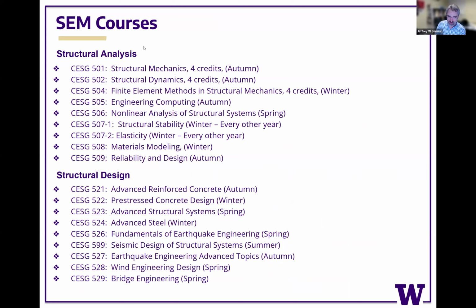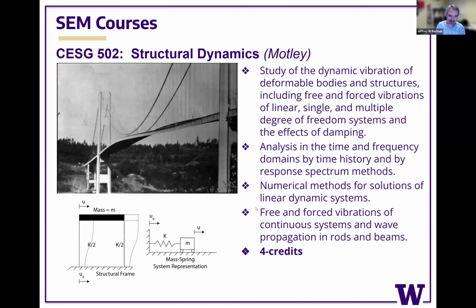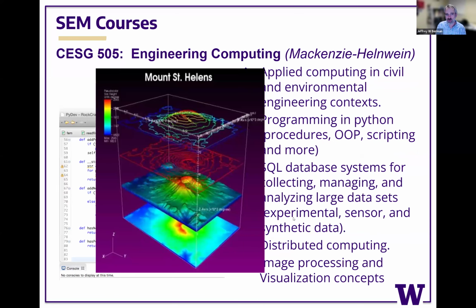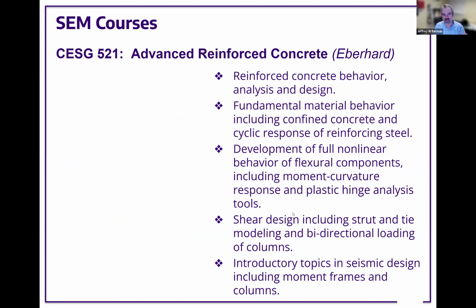I kind of listed the courses previously. In the interest of time, I have a bunch of detailed slides on what's in the actual courses. I'm going to skip through those because they're pretty much the same.